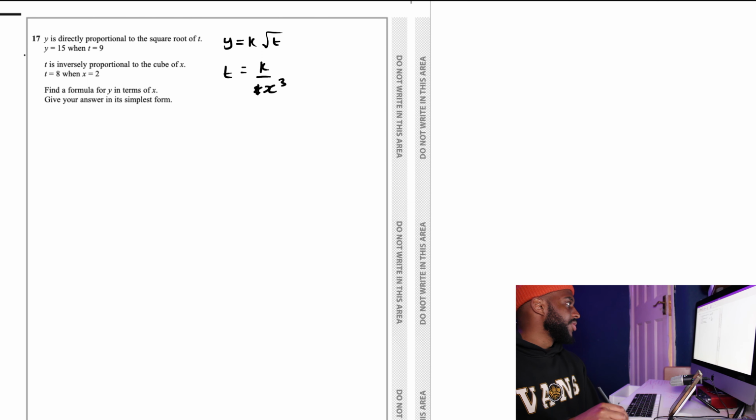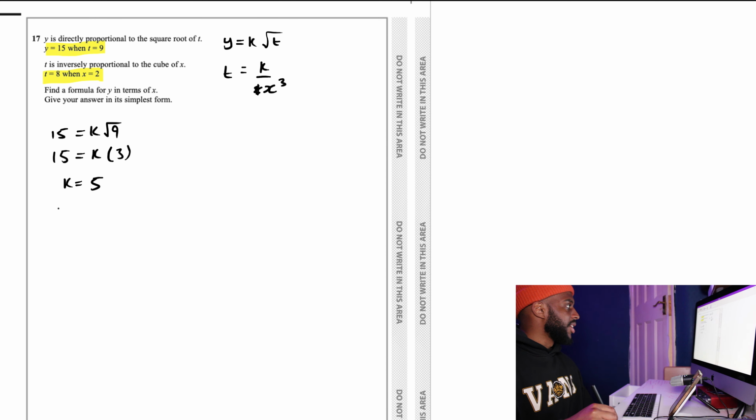Okay, so we're going to use these values that we have been given, our y, t and our t, x, to find k, and then we'll work from there. So for the first bit, if y is 15 and t is 9, we need to find k. So first of all, let's root the 9, giving us 3, and then we're going to divide both sides by 3, and that's going to give us 5, so k equals 5.